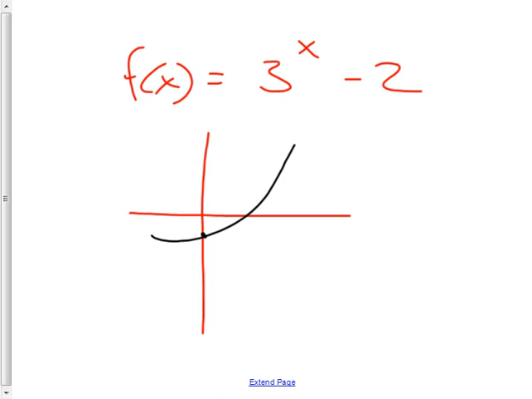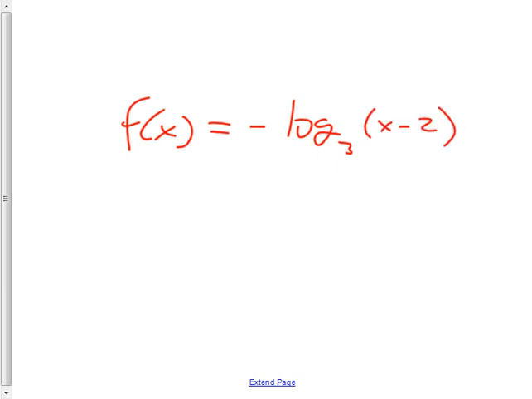For the number 4, okay, read me number 4. f of x equals negative log base 3 parentheses x minus 2. All right. Do you agree that this is basically this graph, except moved? Do you remember what that kind of looks like?